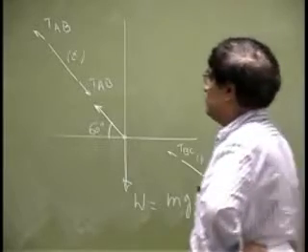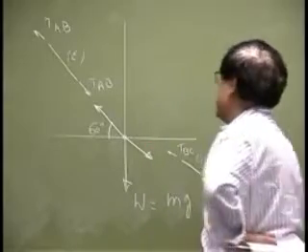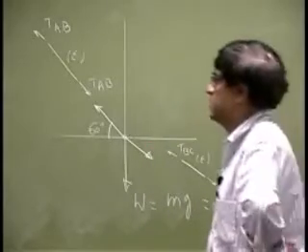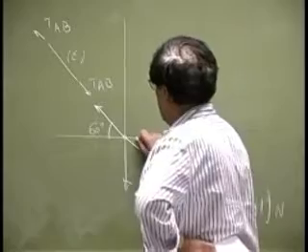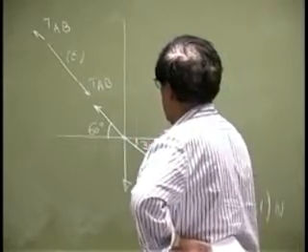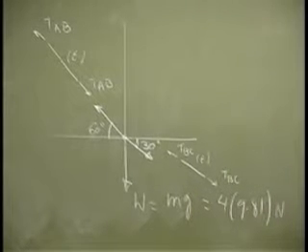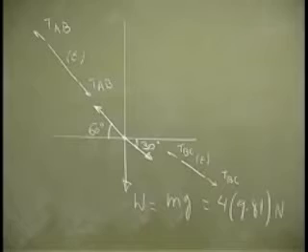So there's going to be another force here with the same magnitude as TBC, but it's going to be in the opposite direction. The angle here is going to be 30 degrees. So that's the free body diagram, where you have all the forces that are acting at point B.